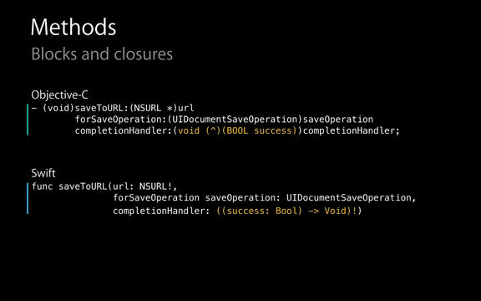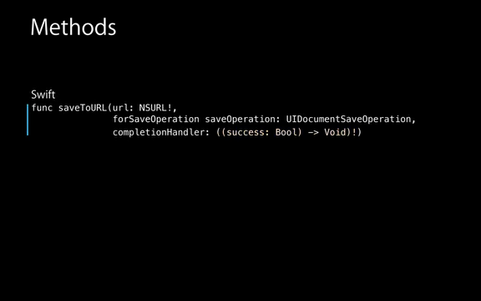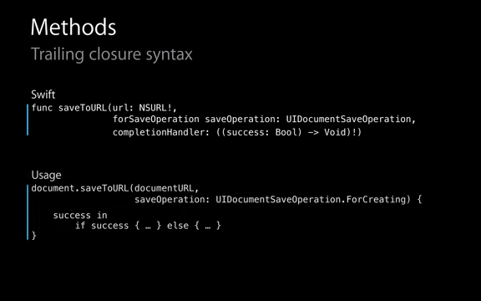Now, the really great thing about getting Objective-C blocks mapped into Swift closures is that we get all of the great closure syntax that is provided by Swift, including trailing closures when your block is the last parameter. So all of your blocks-based APIs that you've written, all of the ones from Cocoa, when they're following the convention of putting the block last, get this nice trailing closure syntax in Swift.